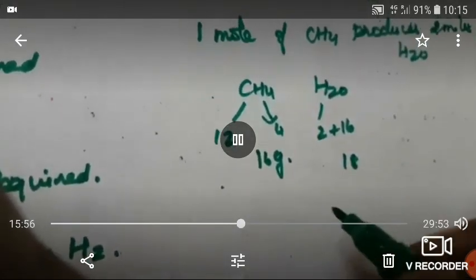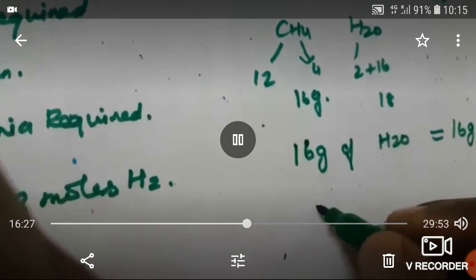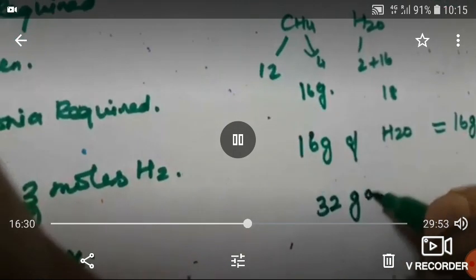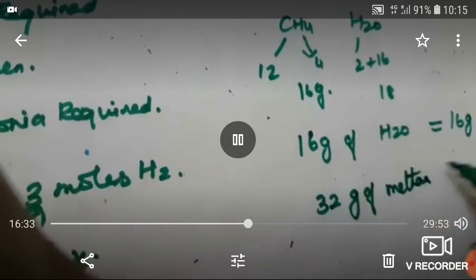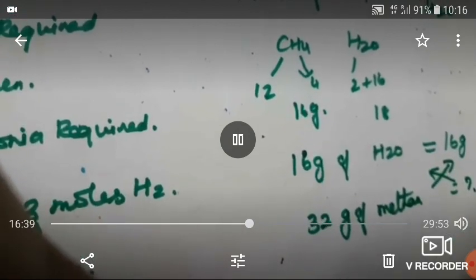So 32 gram of methane produces how much?